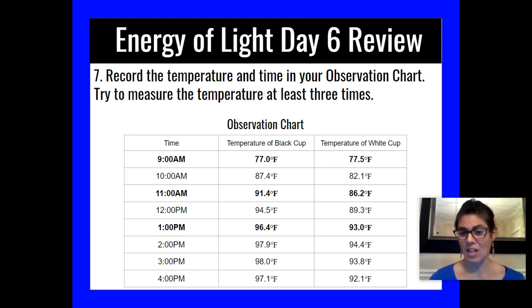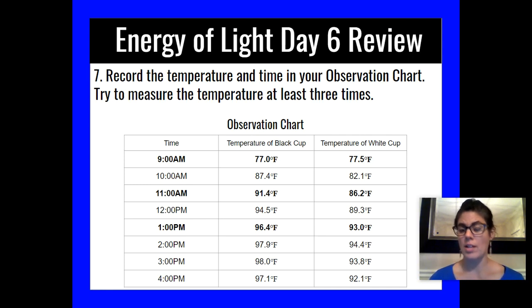Then at 11 o'clock, the temperature of both cups continued to rise. The black cup measured 91.4 degrees Fahrenheit, and the white cup measured 86.2 degrees Fahrenheit. Again, the black cup was hotter still, more than the white cup, but it didn't jump the 10 degrees like it did in that first hour.